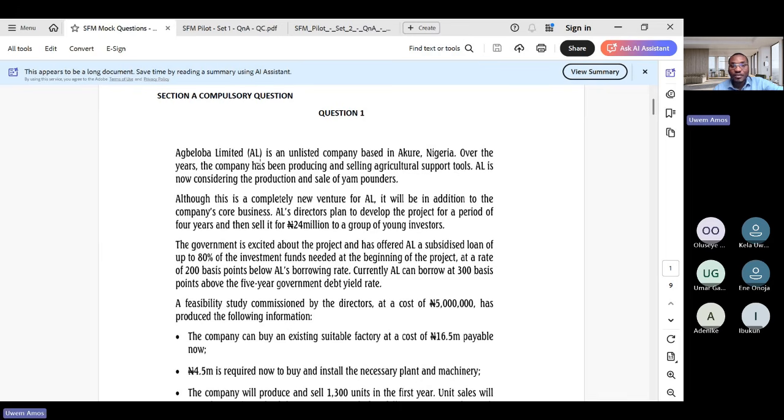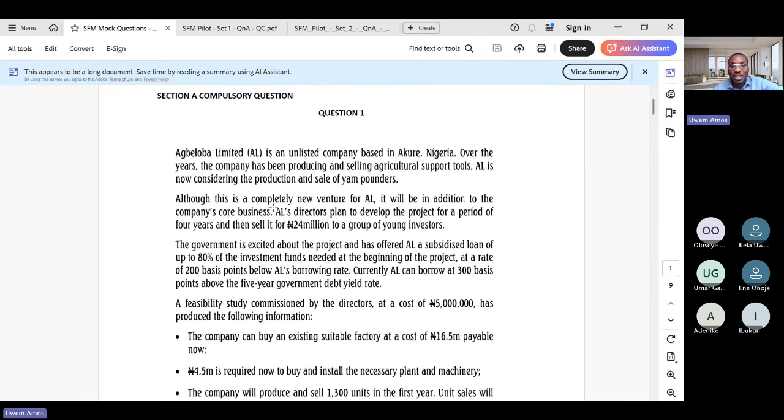Adebola Limited is an unlisted company based in Akure, Nigeria. Over the years, the company has been producing and selling agricultural support tools. AL is now considering the production and sale of yam powders.